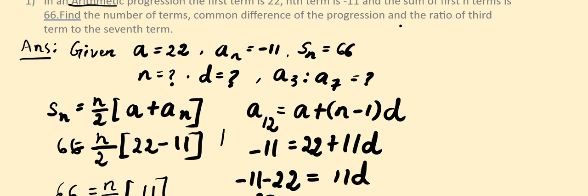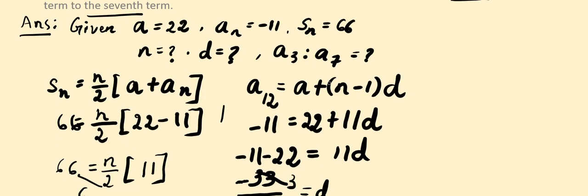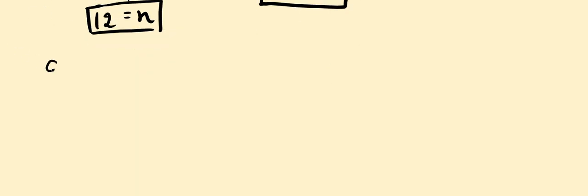Then they are asking the ratio of the third term to the seventh term, correct? a3 is to a7 they want. We will write here a3 divided by a7.